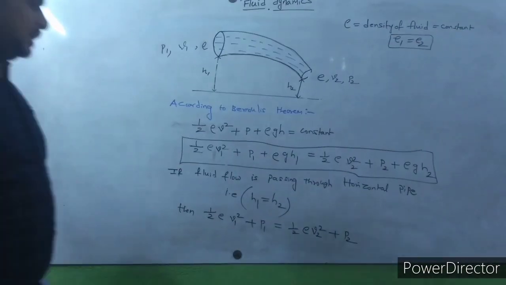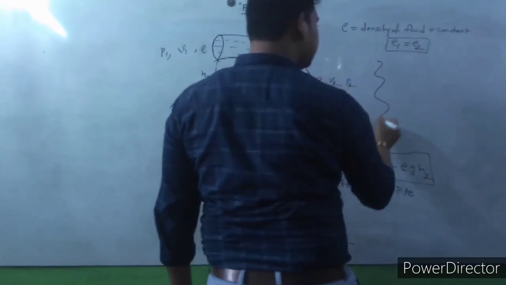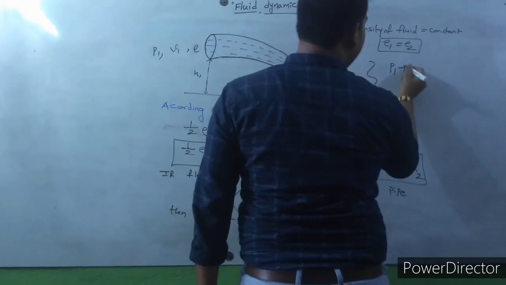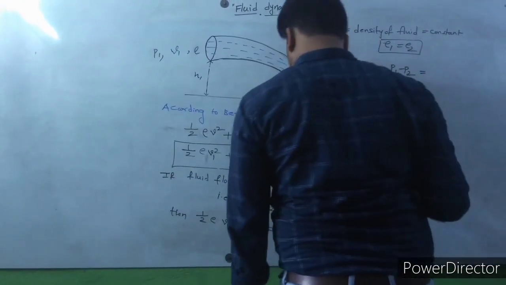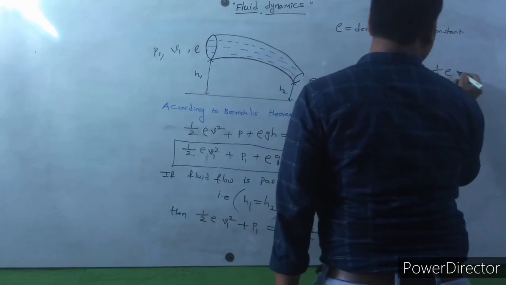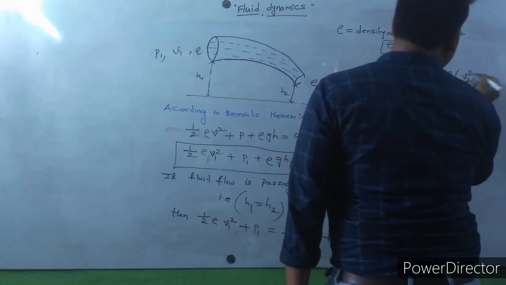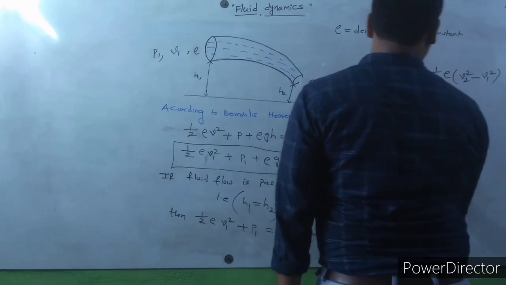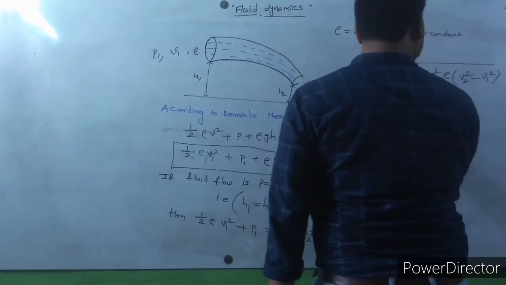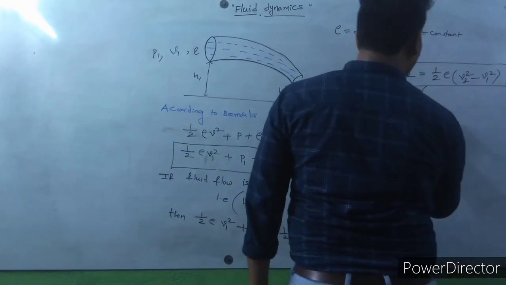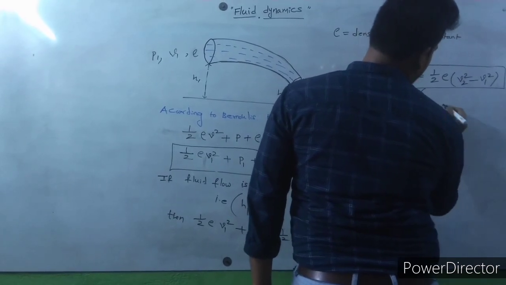That means P1 minus P2 is equal to half rho into V2 square minus V1 square.